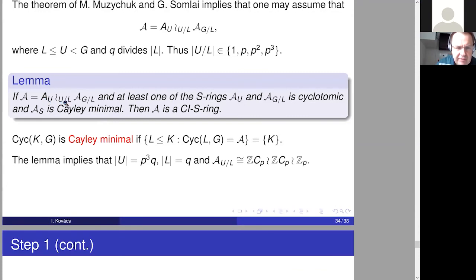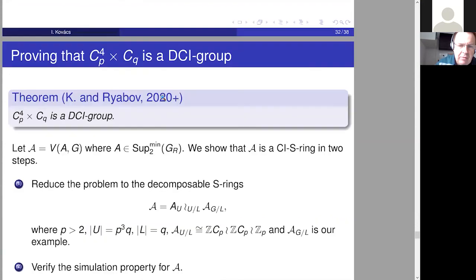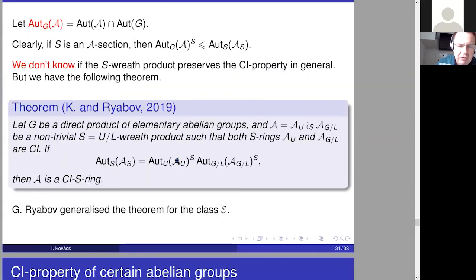So we say that if you have a generalized wreath product such that one of the S-rings A_U and A_G/L is cyclotomic, plus also A is Cayley minimal, then A is a CI S-ring. And Cayley minimal means, for a cyclotomic ring, that the orbits cannot be obtained with some smaller groups inside K. So Cayley minimality means that if I go back to this property, I have just no room for this condition not to be satisfied.